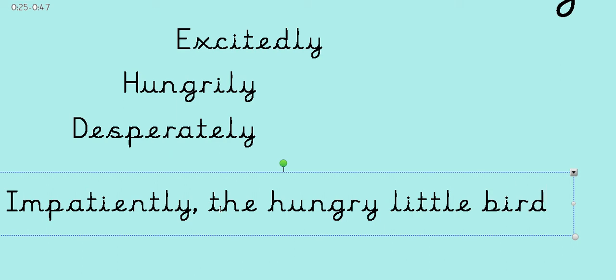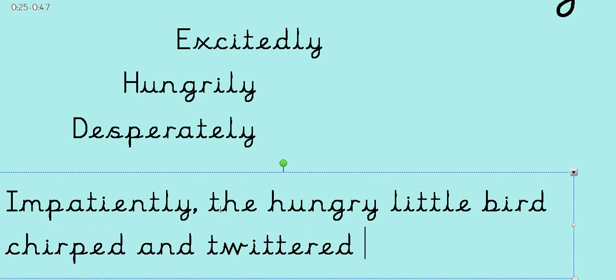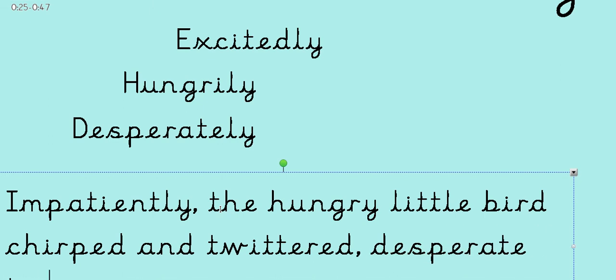What did he do? Sort of made bird noises. What bird noises do you know? Chirp. He chirped and twittered. Impatiently, comma, the hungry little bird chirped and twittered, desperate to be fed. Full stop.